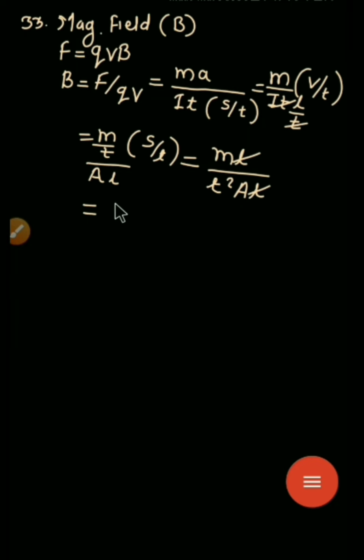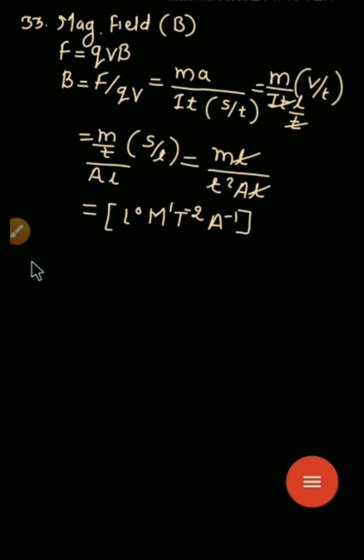So here we have L naught M1 T minus 2 A minus 1. So this is the dimensional formula for the magnetic field, and the unit of magnetic field is Tesla.